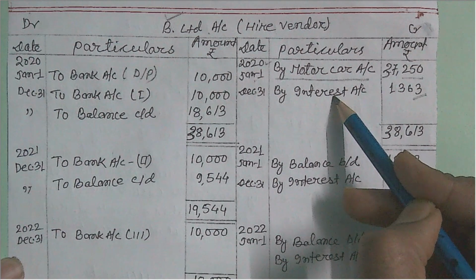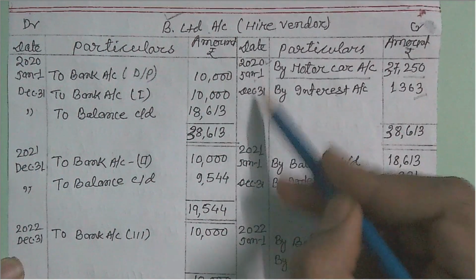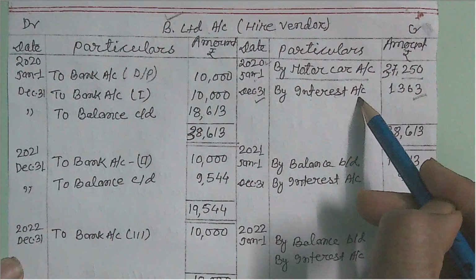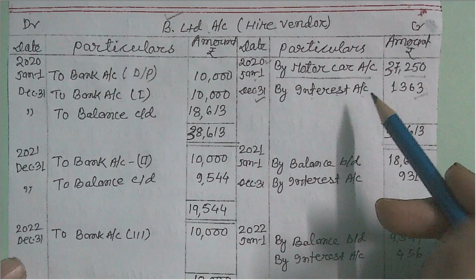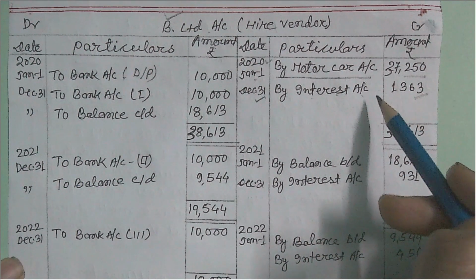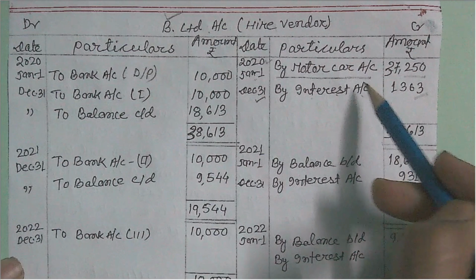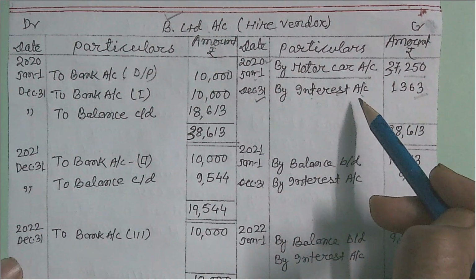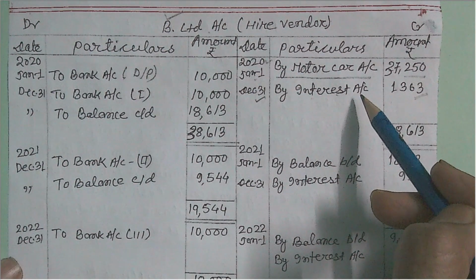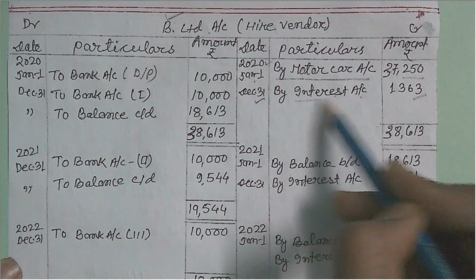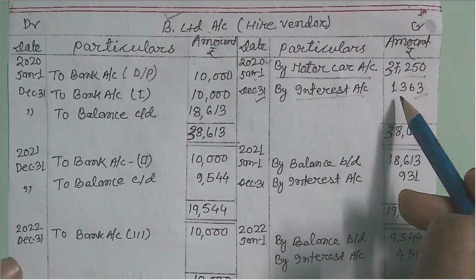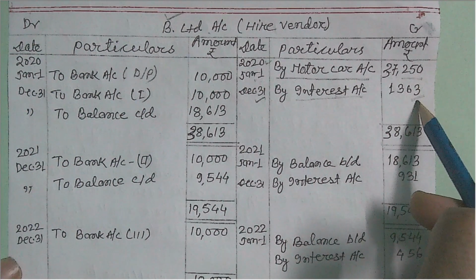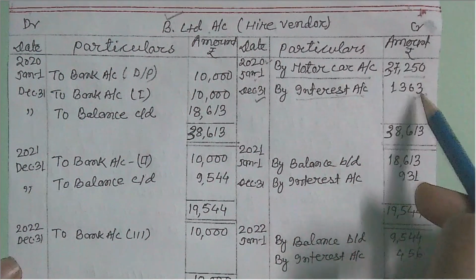So at the end of the first year, on 31st December, interest becomes due. In a hire purchase transaction, since the hire buyer is taking some time to pay the amount, for the delaying period the hire vendor is charging a certain amount of interest, and this is the 1363, and he has to pay it.